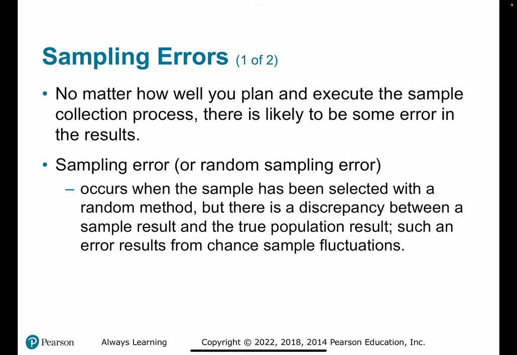And if that happens, if we have some sort of error because the sample that we got just wasn't the best, then that's a sampling error. So that means we did get a random sample, but it just so happens that we got a sample that led us astray. So that's one type of error, is random sampling error.